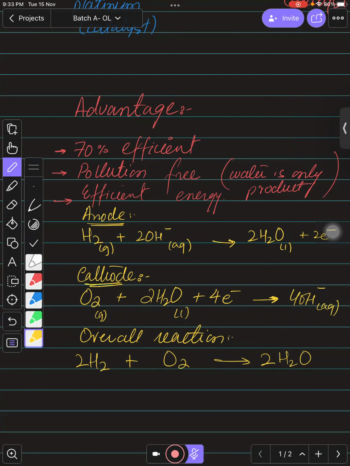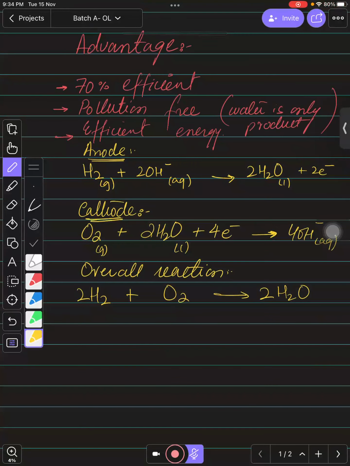Yes, sir. So this is the process of this cell, the hydrogen fuel cell, that you need to learn in your syllabus. And if you talk about the disadvantages, the first is that it is difficult, or you can say costly, right? It is a costly process.